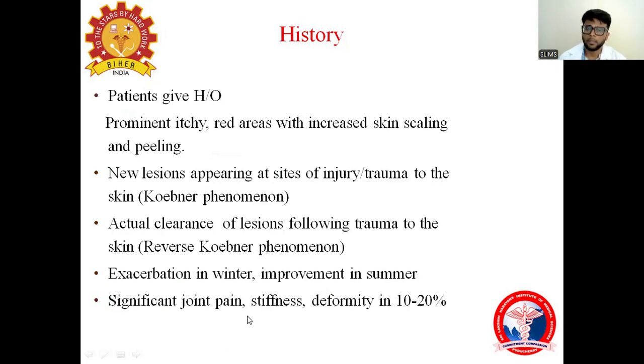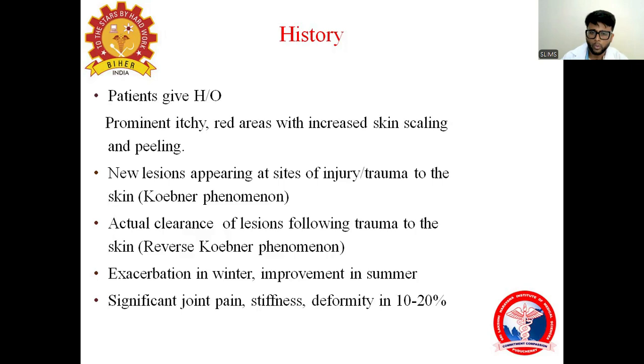So, how will the patient present? The patient mainly presents with itching, but not in all cases; it is present in about 50% of cases. There will be red areas with scaling and peeling.